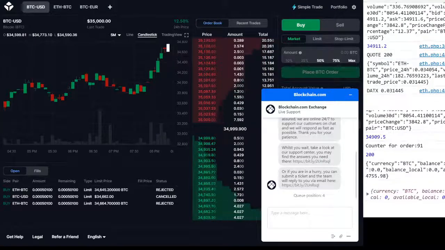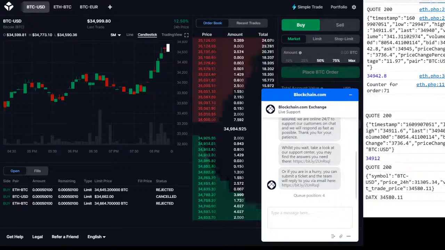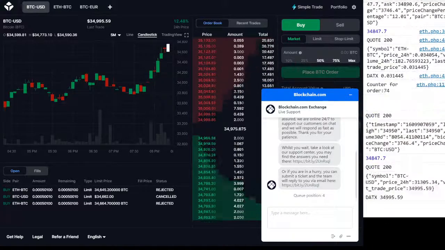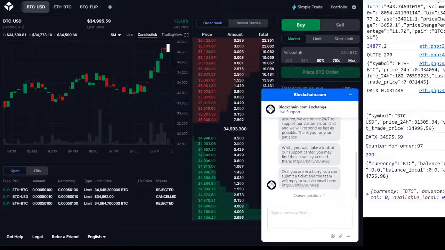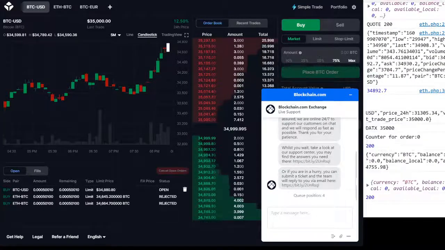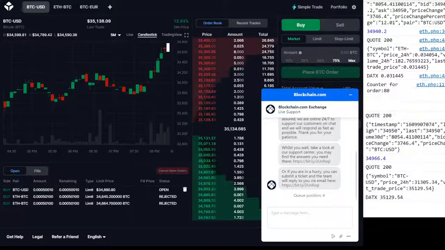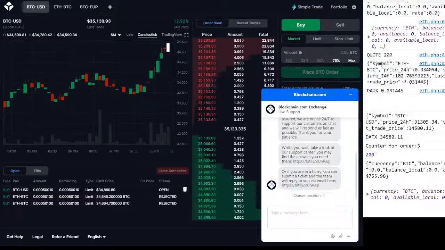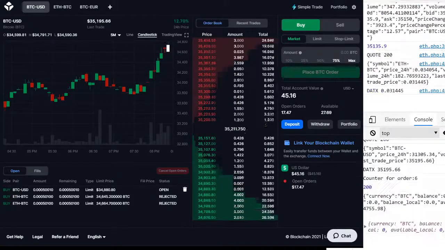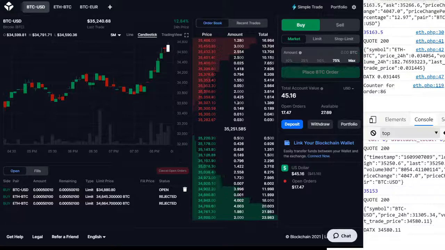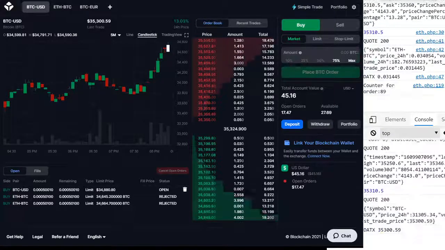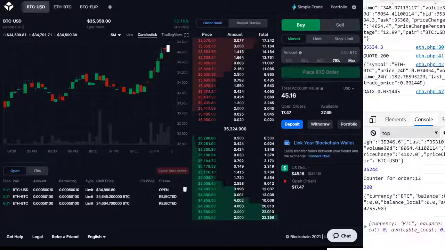This thing's definitely taken off. Counter is at 19. We have an order open on BTC at 34,880.